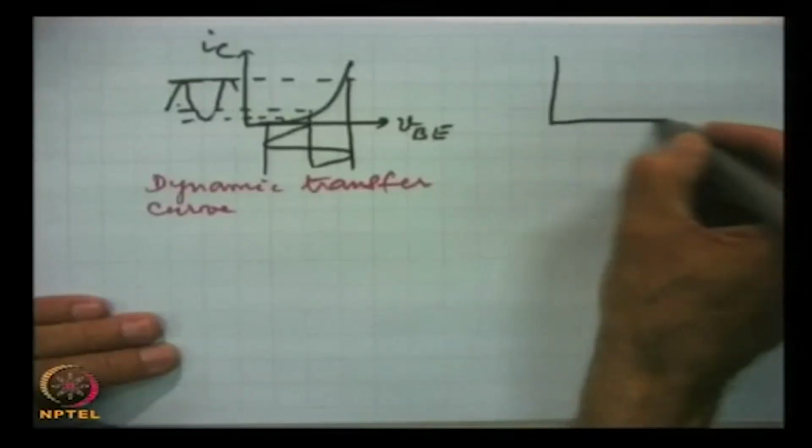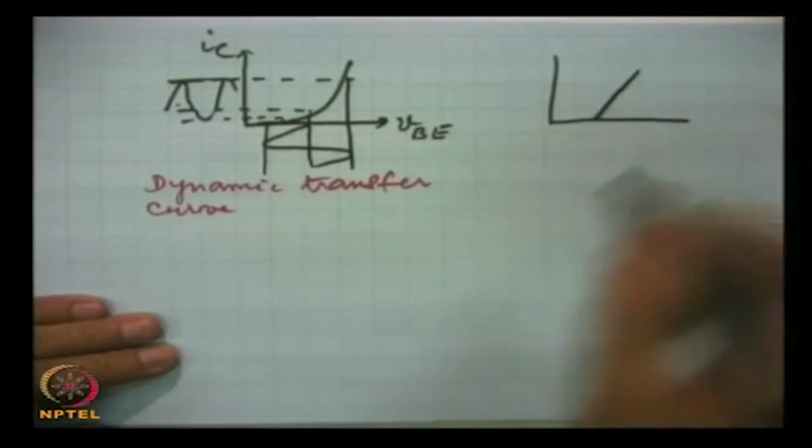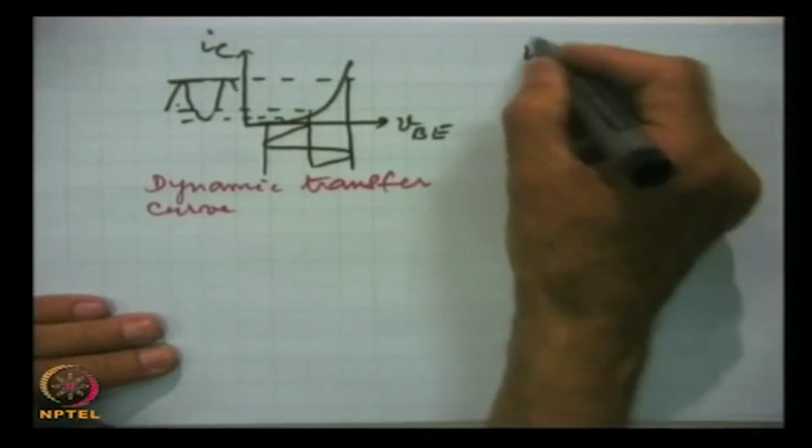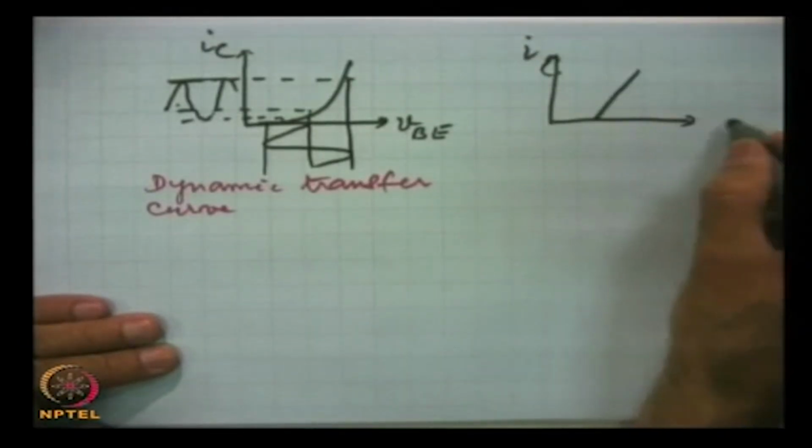So, we continue with the simple analysis of this distortion caused by this nonlinearity. For a linear curve, for example, like this, here it is IC and this is VBE.